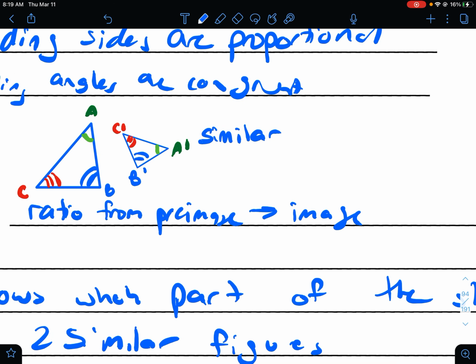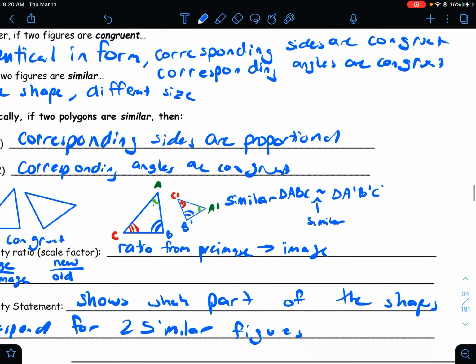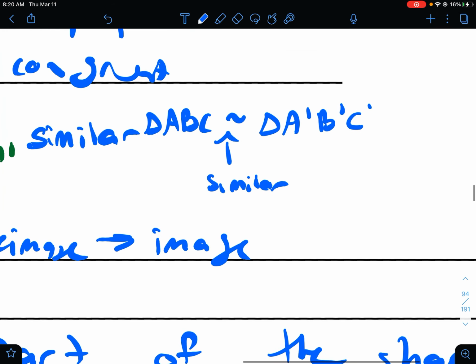In this case, these two angles go together, so we would do point A, then A prime. The B ones go together, so they both have to be written second, and the C ones go together, so they both have to be written last. You would say triangle A, and then this symbol means similar. It has to be written in this order.